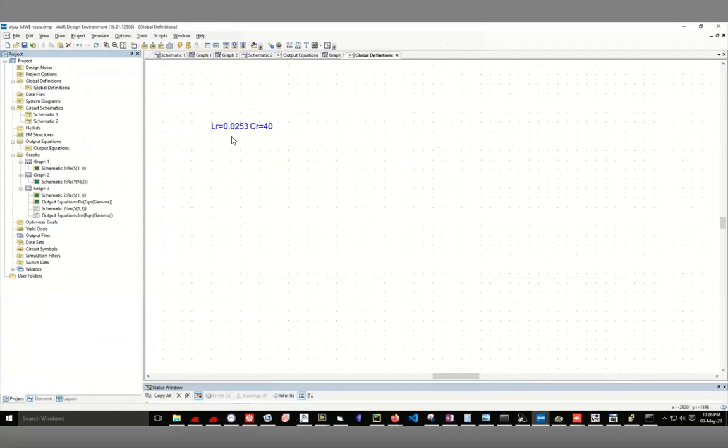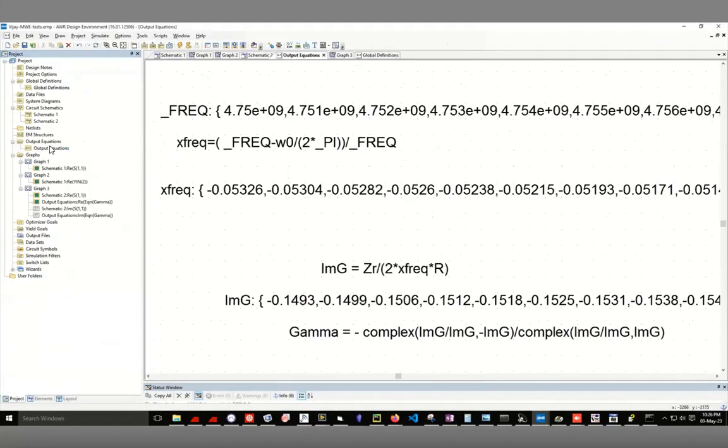So I've defined a global variable for LR and CR so that I can use it in multiple locations. And then I've actually used output equations to basically plot that function, the one which I had written down, 1 minus j ZR over 2XR, using some tricks here. This is some advanced usage for Microwave Office.